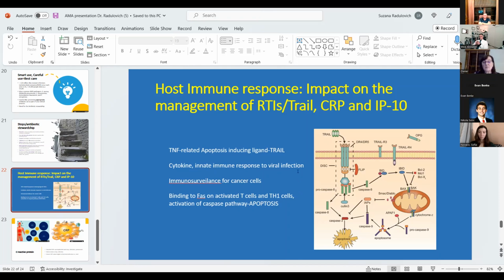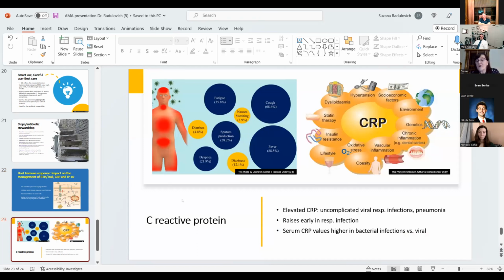ligands that we are using, proteins. The first one is TRAIL, a cytokine, and it's upregulated as an innate immune response to viral infection, basically activating the caspase pathway and causing apoptosis on activated T cells and Th1. The second one is CRP. We all know CRP, right? It's connected with vascular inflammation.